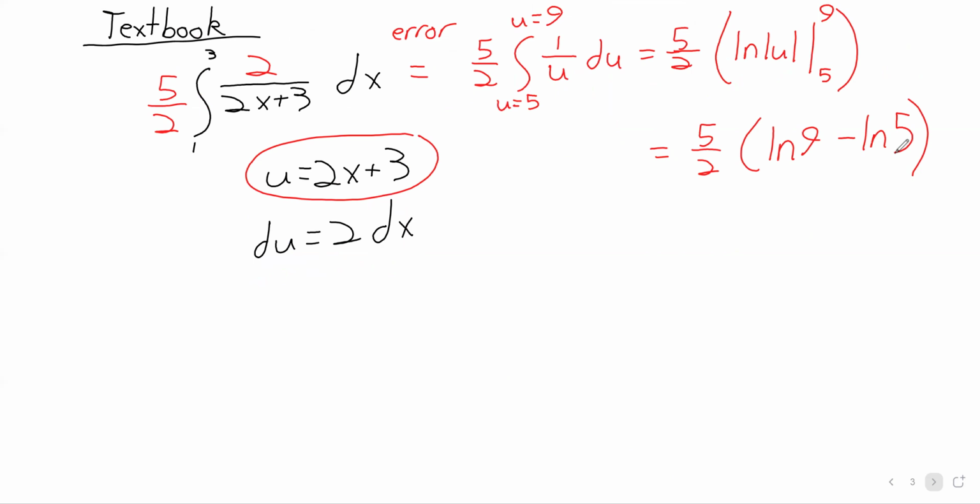The only problem I see is when students make, this is no longer an error, this is now correct. But do not adjust the limits of integration. Any questions about this?